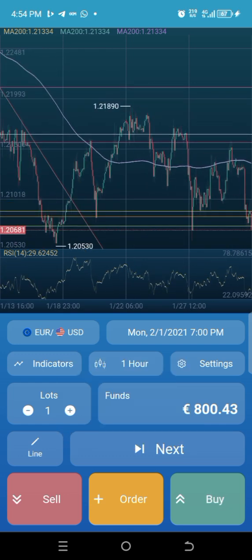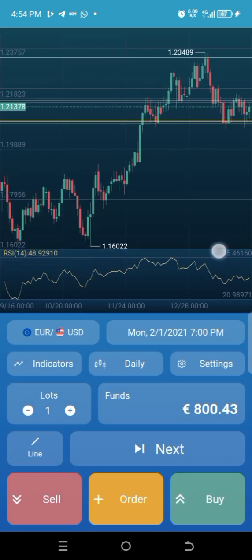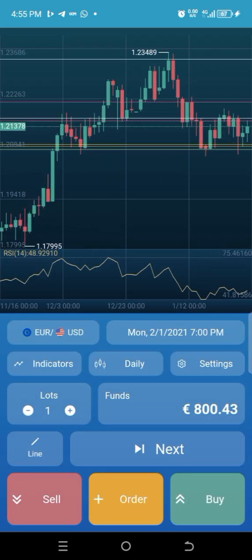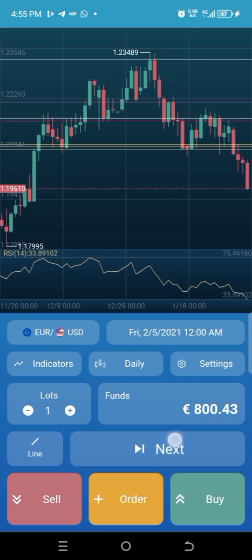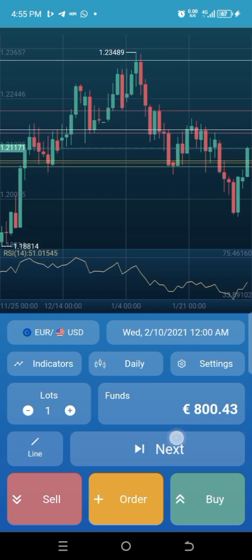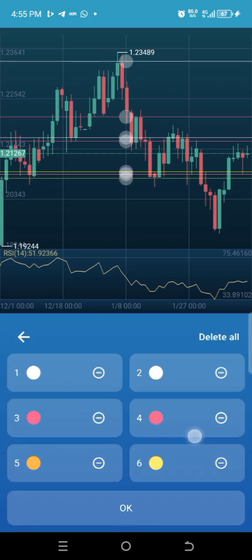So let's wait for a new area to be formed. Looks like it's validating the move downwards. It was broken. An area of interest has been formed.